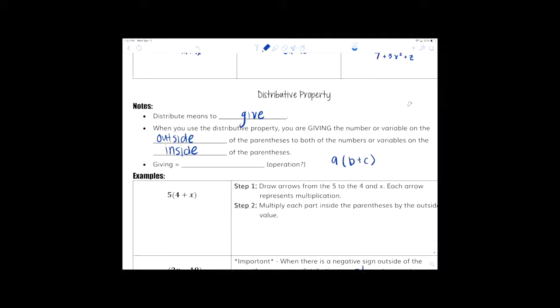Now, when I say distribute or when I say give, I mean a specific operation. What operation do I mean? Okay, operation means something like addition, subtraction, division, multiplication. Okay, I am multiplying.